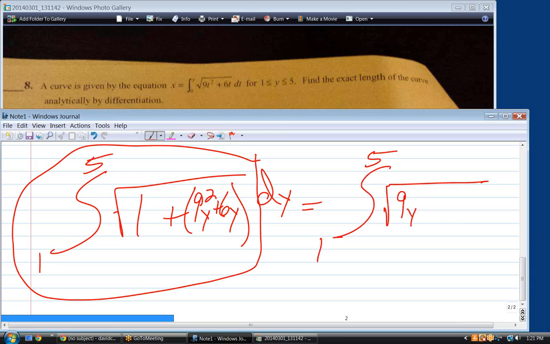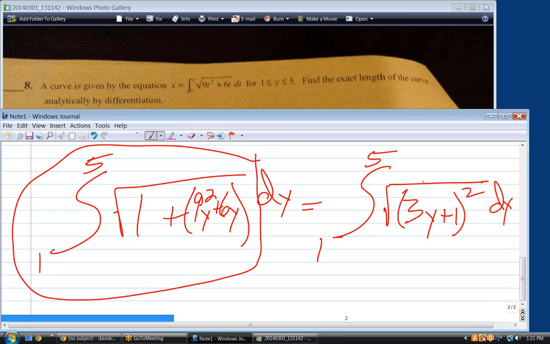Notice that that's 9y squared plus 6y plus 1 dy. Well, 9y squared plus 6y plus 1 happens to be 3y plus 1 quantity squared. Okay.